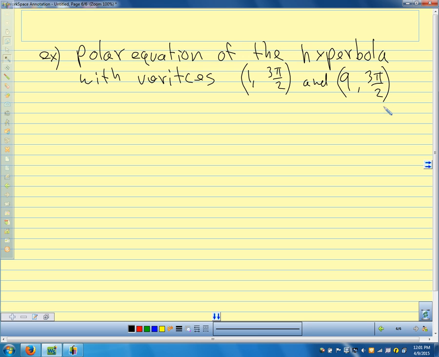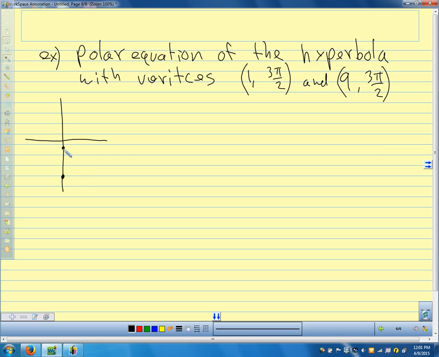For these kinds of problems, I suggest that we start with a sketch, just like we did with our other kind. So where's the point (1, 3 pi over 2)? Down on the vertical axis. So there's one vertex at (1, 3 pi over 2), and there's another vertex at (9, 3 pi over 2).